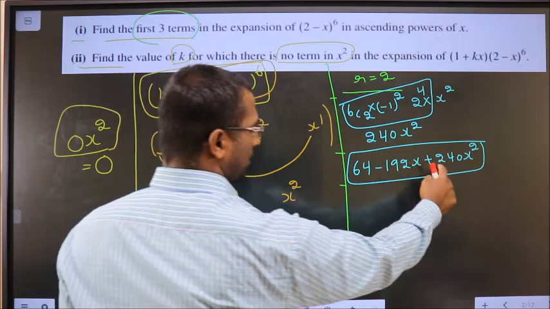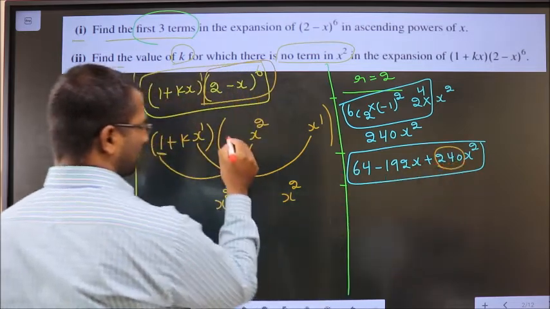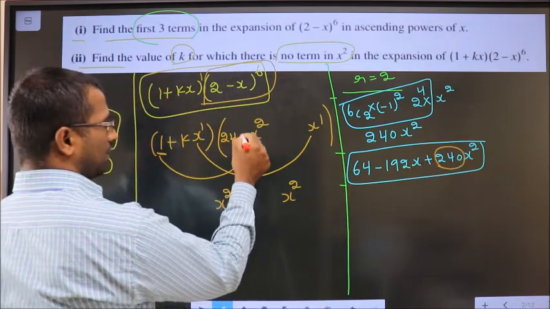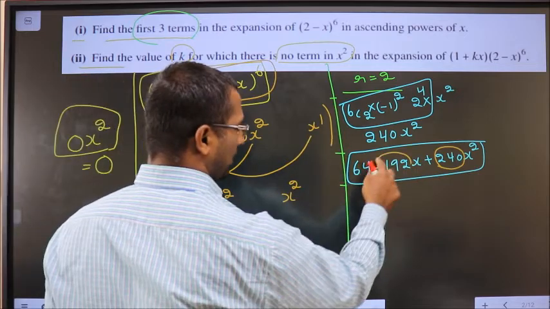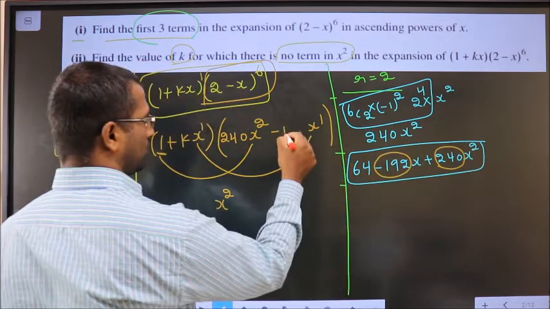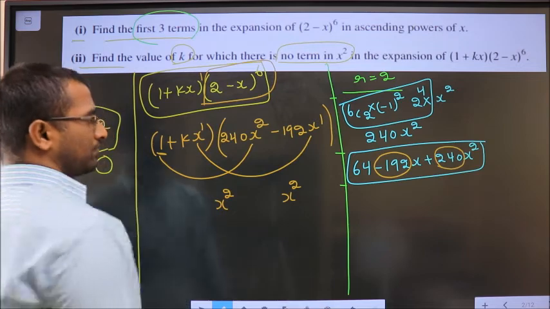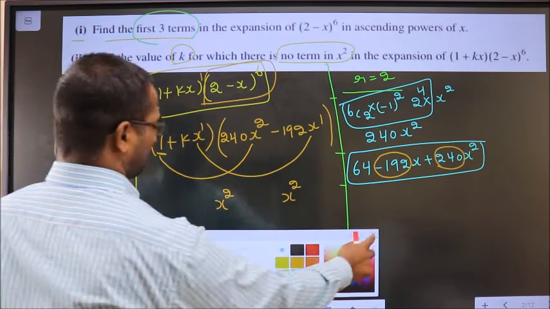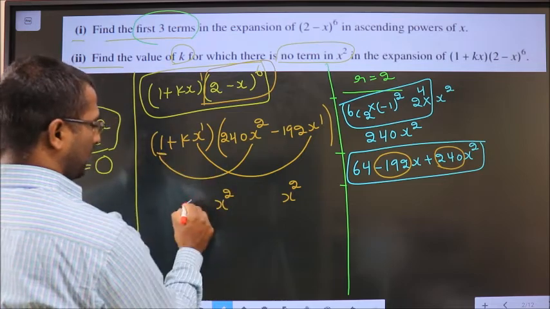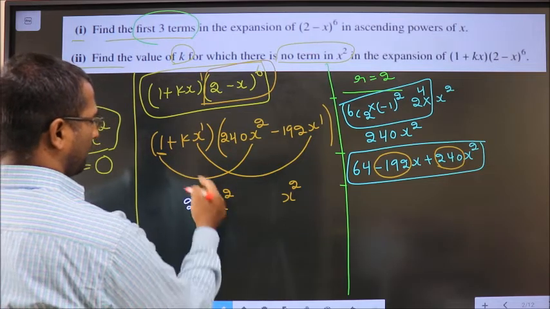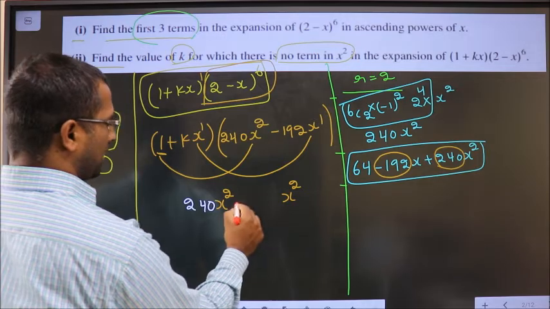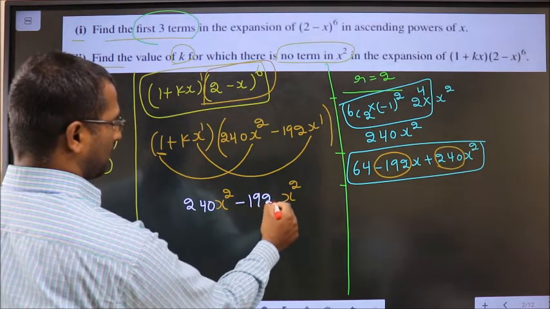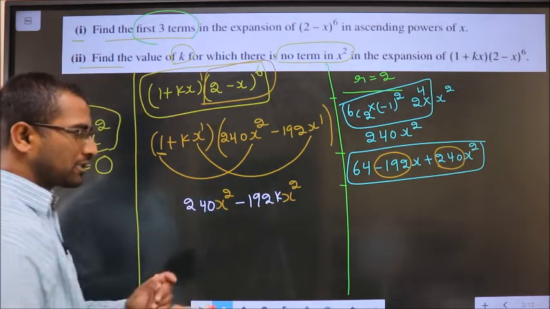In that the coefficient of x square is 240. So write that here. And the coefficient of x power 1 is minus 192. Okay, now multiply. So 1 times 240 is 240. k times minus 192 is minus 192k. Take x square common.